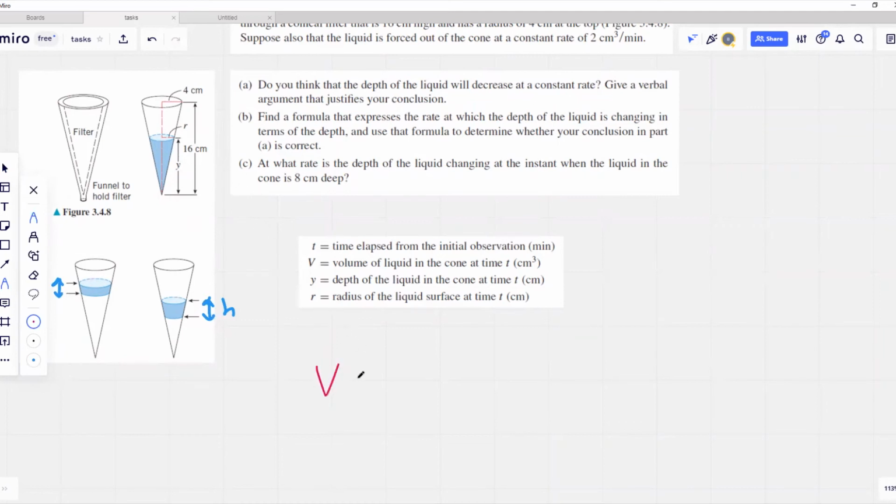So V, the volume of liquid in the cone at time t, is equal to 1/3 pi r squared multiplied by y, where r is the radius of the liquid surface at time t, given here. y is the depth of the liquid in the cone at time t. So y is the height of this surface level.